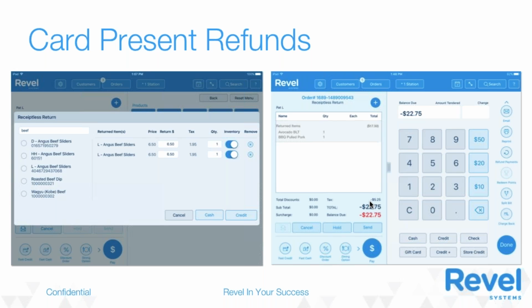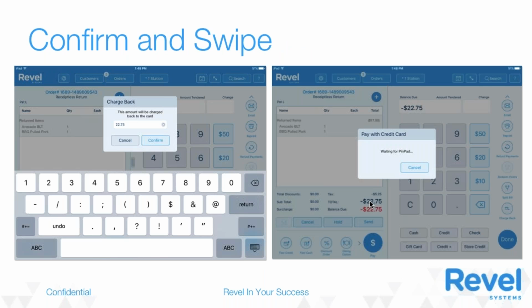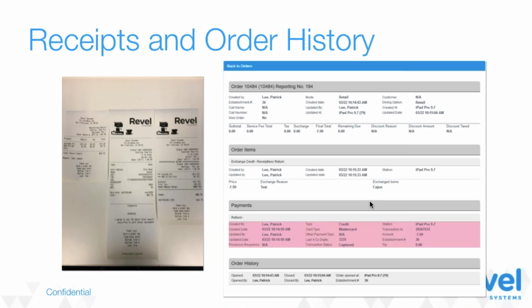So you'll see here on the iPad POS, we have the order. On the right, we have the negative amount there. When I hit charge back, the action window pops up on the left, indicating the amount to charge back to the card. And on the right, we're waiting for the physical action with the card to commence on the card swipe.